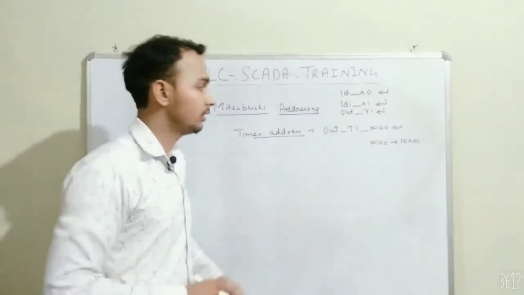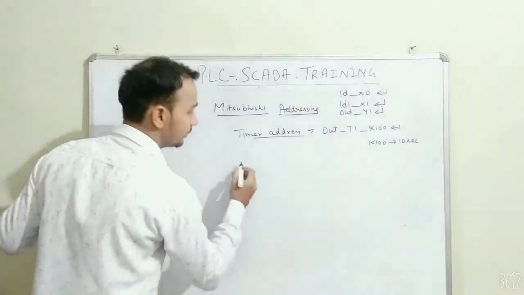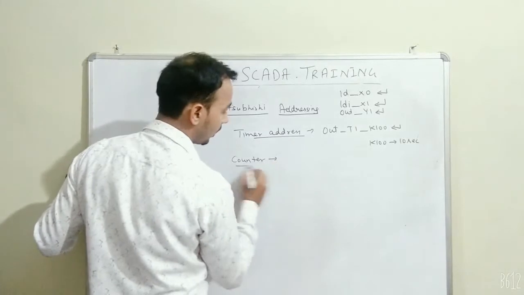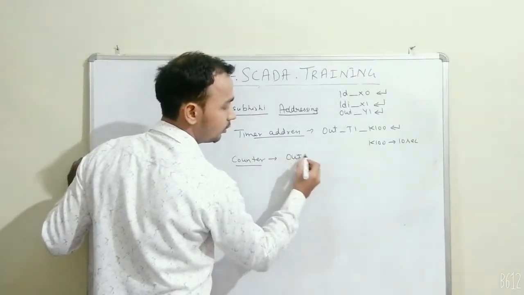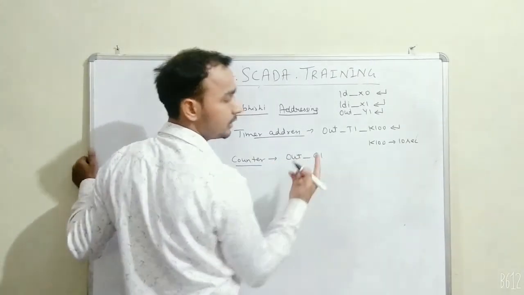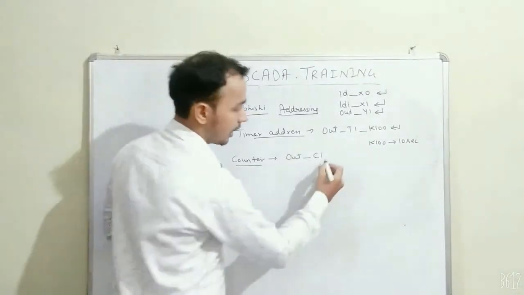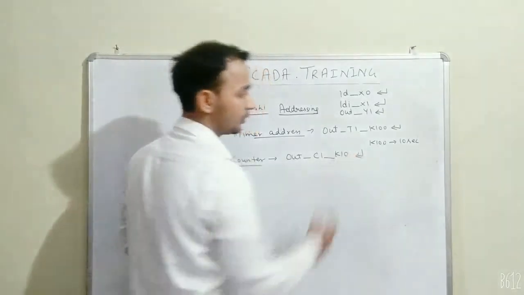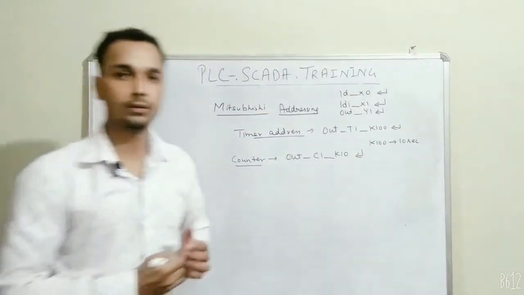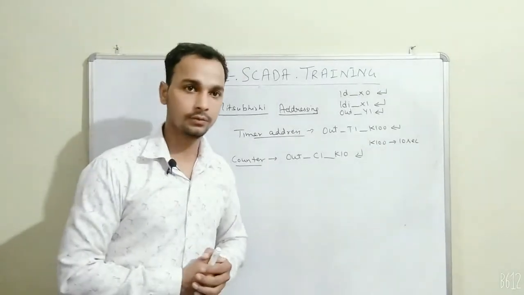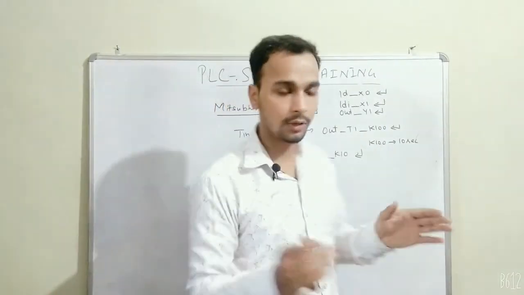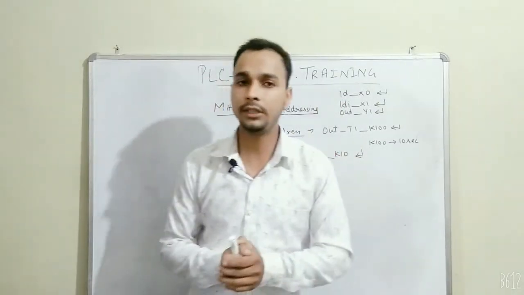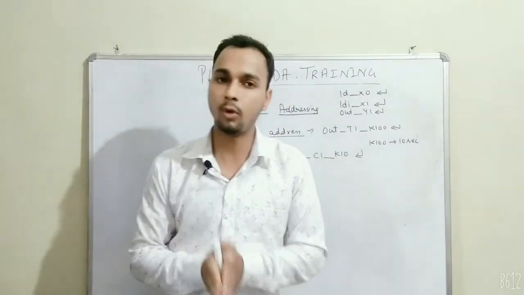According to this, you will use the timer value. For the counter, you will type OUT space counter number C1, C2, C3, C4 and space counter value K10 and enter. So this is the address of Mitsubishi PLC, and the number of inputs, outputs, timers and counters basically differ depending on the PLC model.